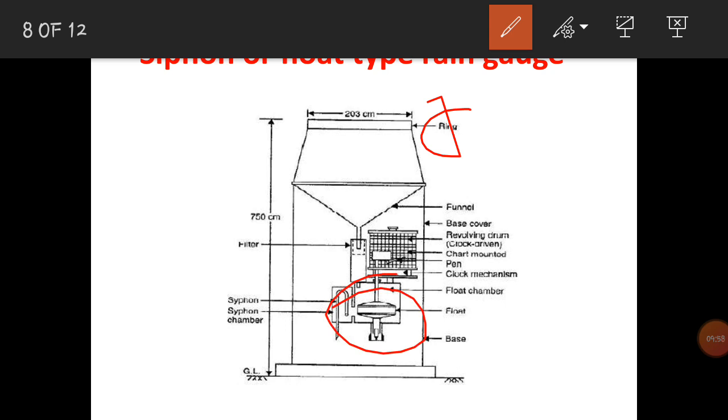This compartment is connected to the siphon chamber, so due to siphoning action the water is removed from the float chamber. It consists of a filter to avoid dust and debris accumulating in the siphon pipe. To avoid clogging of the siphon pipe, this filter media is provided at the bottom of the funnel.